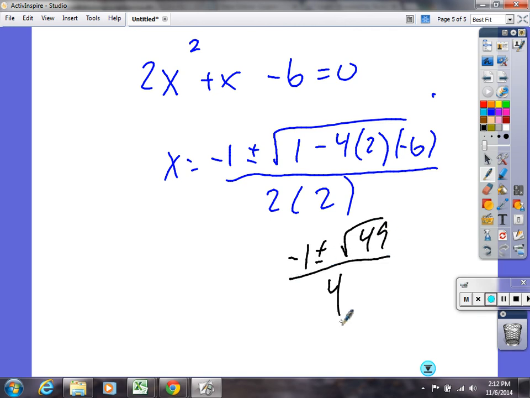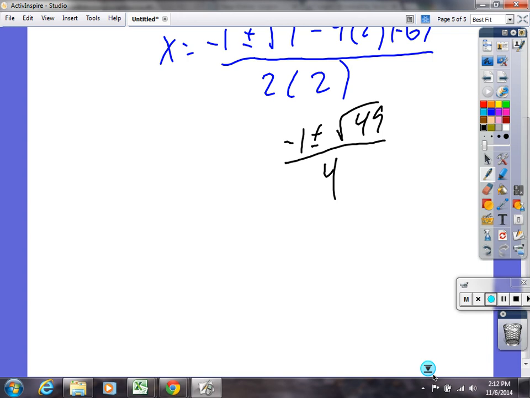And then I had a lot of people say, Mr. Roberts, is this right? Yes and no. Is it right? Yes. Is it finished? No. That's where the yes and the no comes in. Now, that's negative 1 plus or minus 7, because I know what the square root of 49 is, over 4.